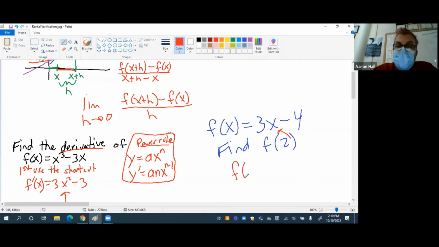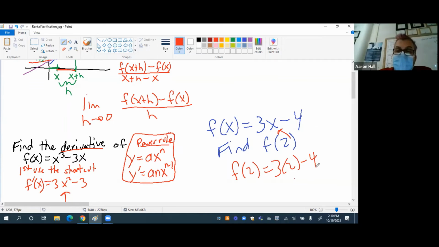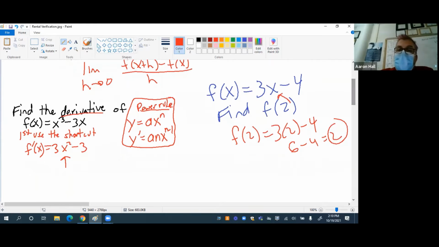That gives me f of 2 equals 3 times 2 minus 4. And that would give us 6 minus 4, which would be 2. So f of 2 equals 2 in this case. Now, what if I wanted to find, in the same example, f of x plus h? You don't need to know what h is.